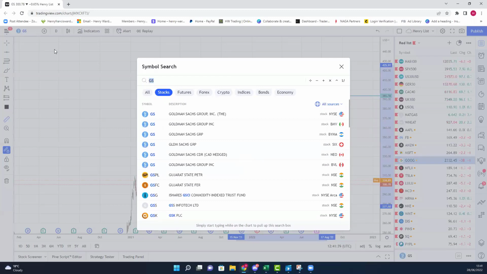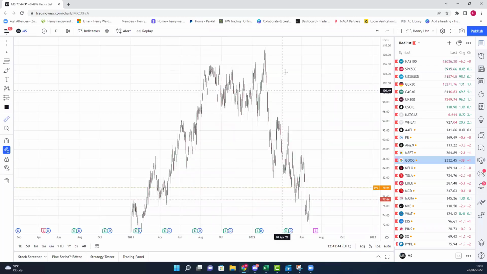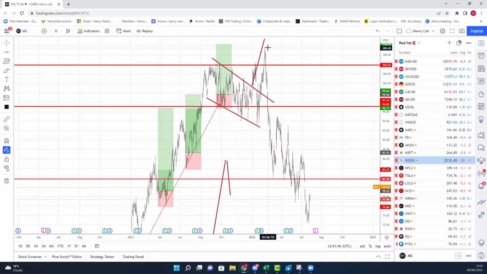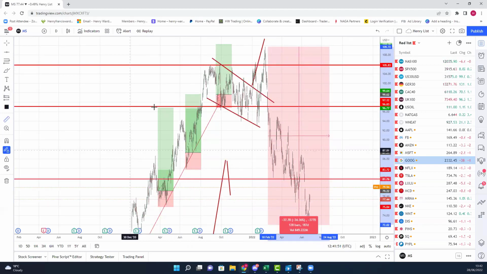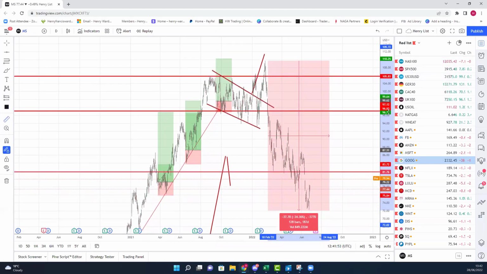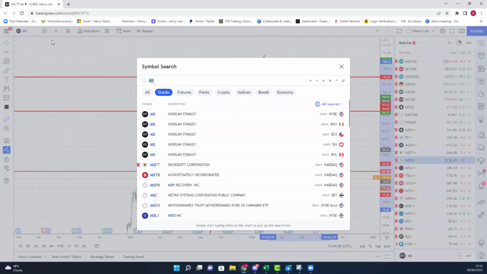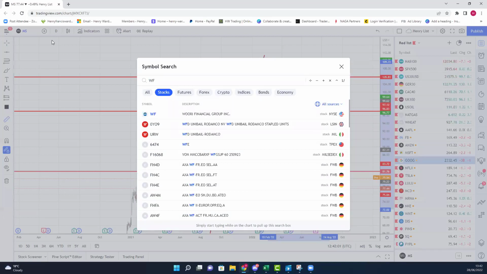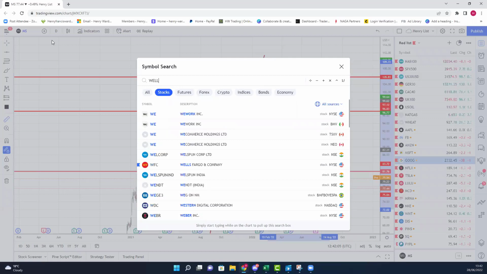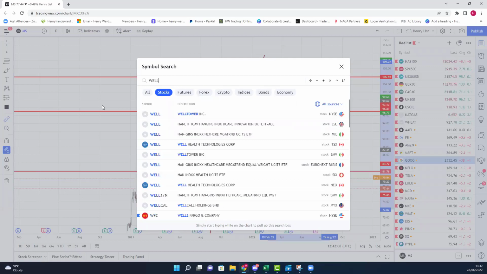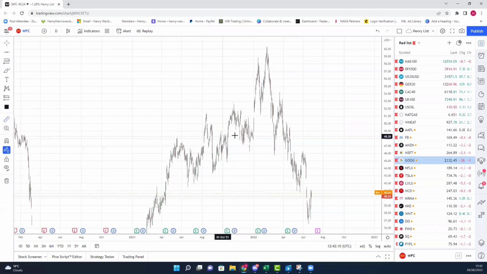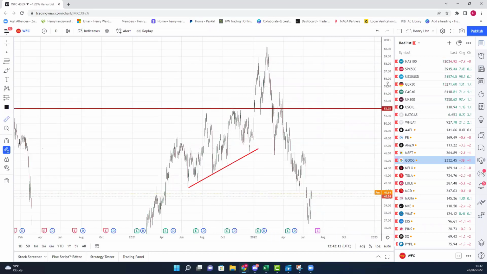What other one were we on? Morgan Stanley. From the high here, again, 34%. Wells Fargo, I think this one didn't drop as far. No, actually it did.